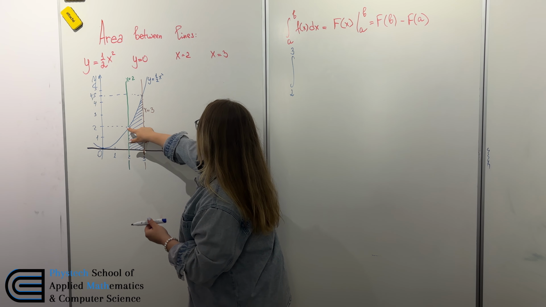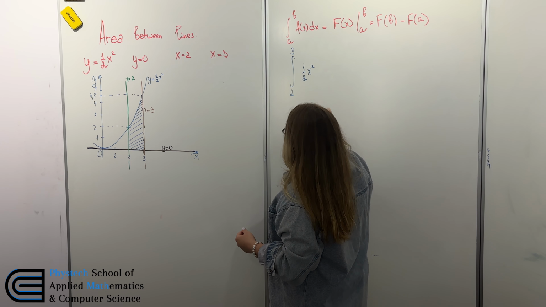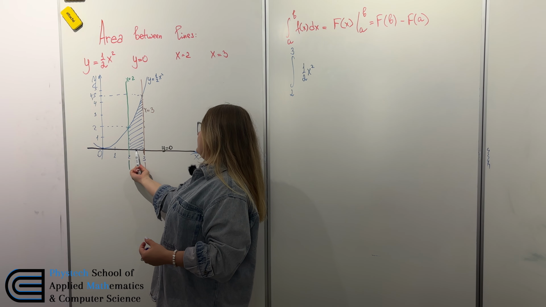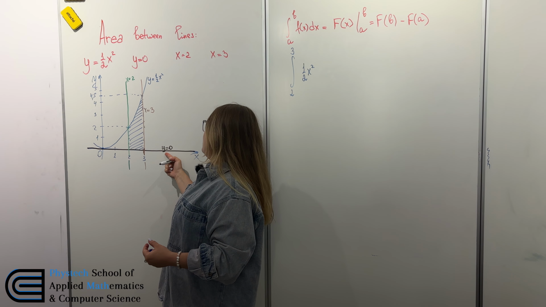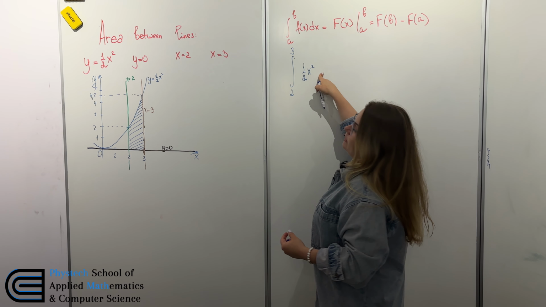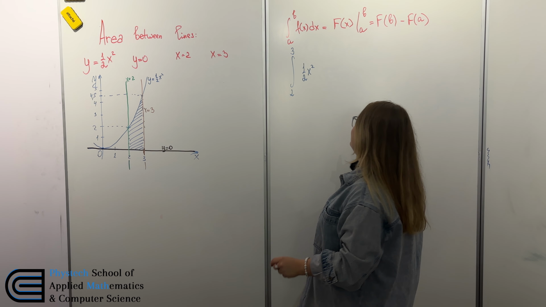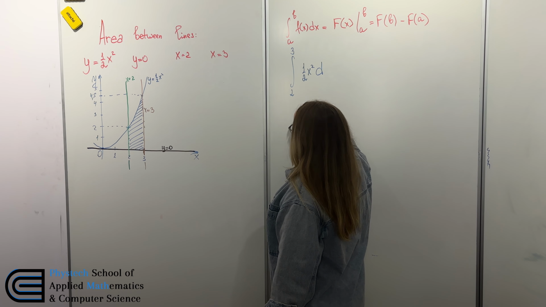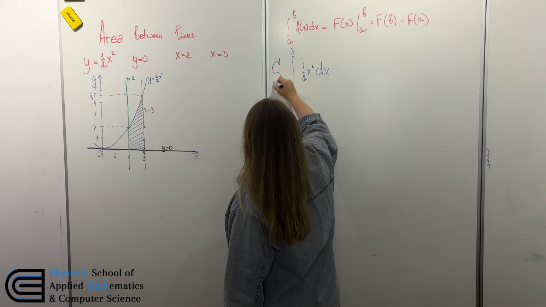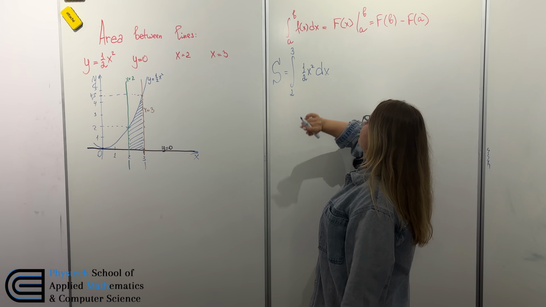But here we have 1 divided by 2 x squared, and this line is given by function y equals 0. So here we should write minus 0, but I think I won't do it. And of course dx. So this is our area. Let it be S.